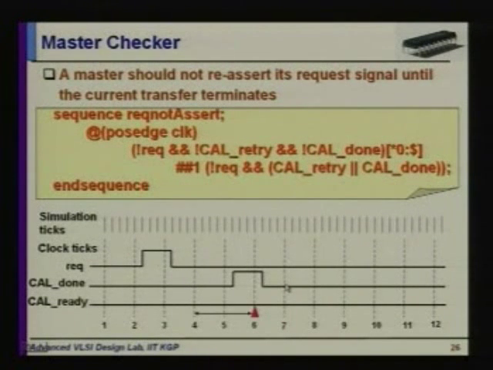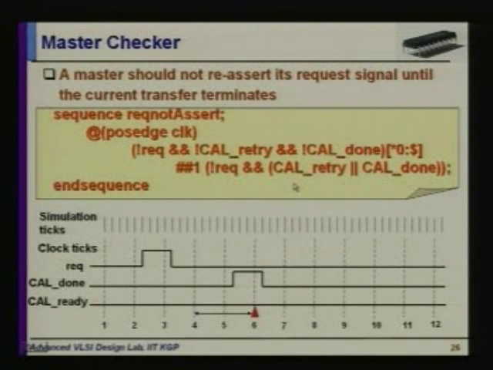In a real case, say a master should not reassert its request signal until the current transfer terminates. Suppose it will reassert only when either cal retry or cal done is 1. So not request is there, and if both cal retry and cal done are not asserted, then it may continue till the end of the simulation.